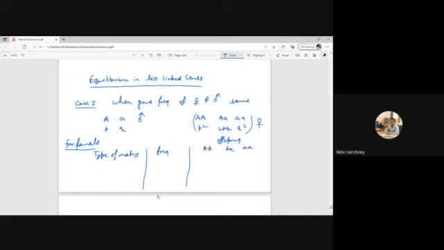Type of mating will be capital A capital A cross capital A capital A, capital A capital A cross capital A small a, capital A capital A cross small a small a, and so on. From here, we will make all possible crosses.